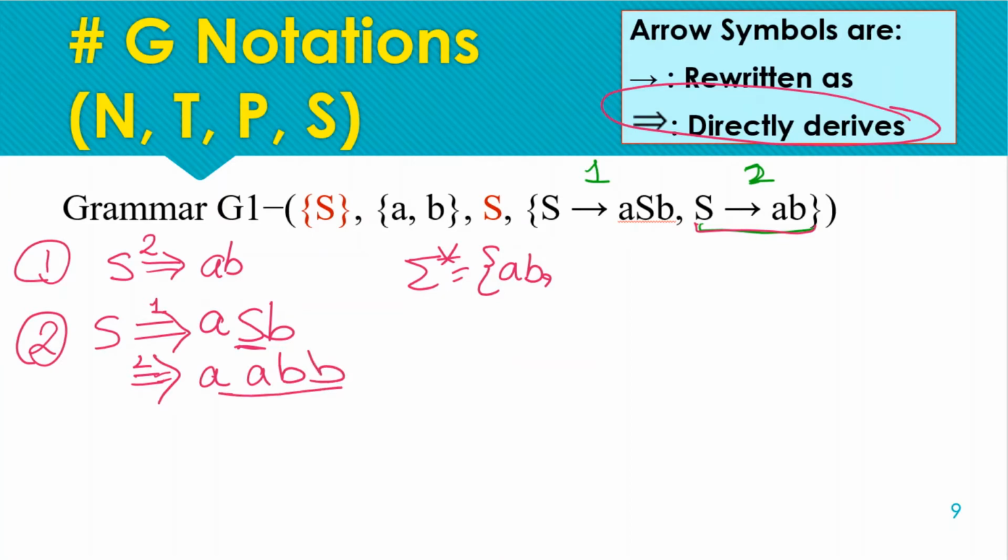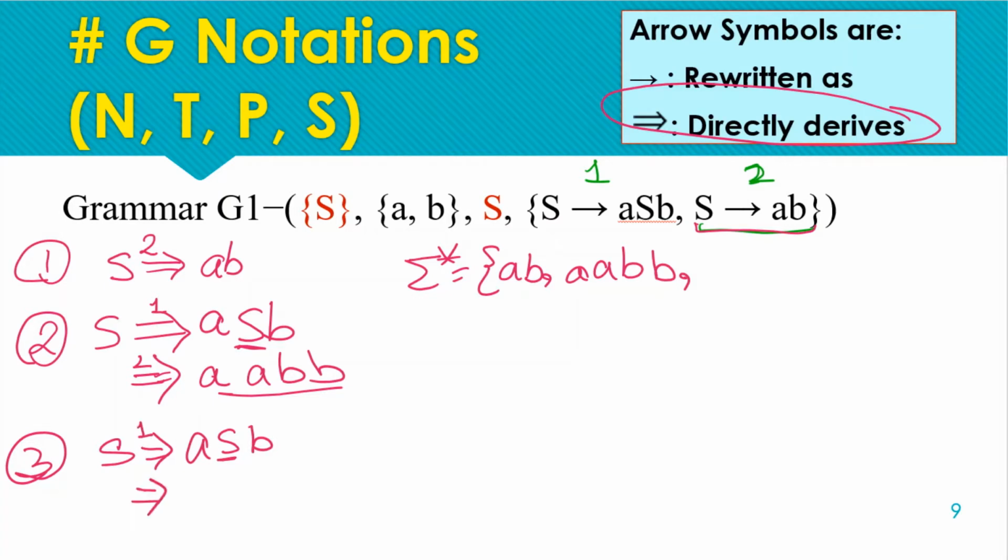So this is the next string that can be derived from the given production rules. Let's write this string here as the second option, or let's try to repeat rule number 1 more than one time. If we get this ASB, again by the application of rule number 1, we get this.